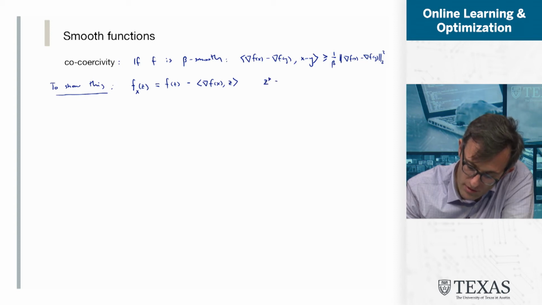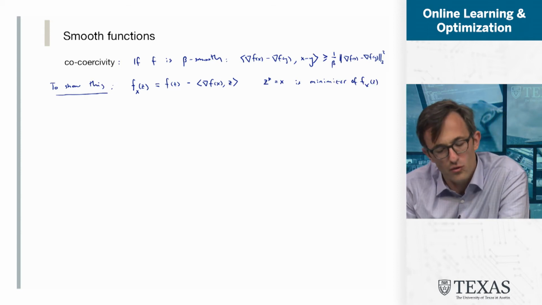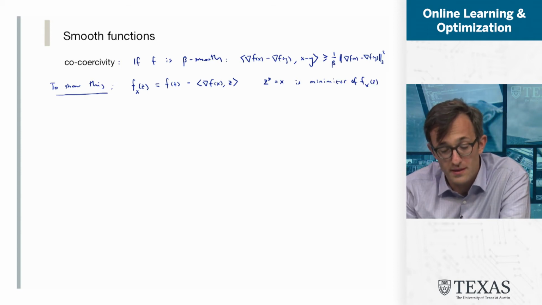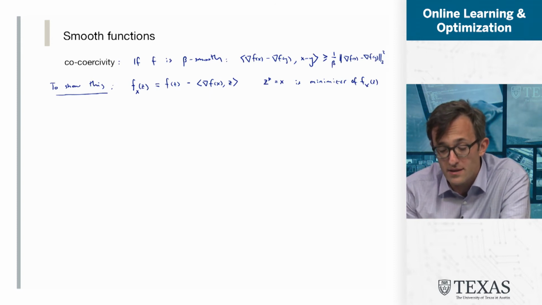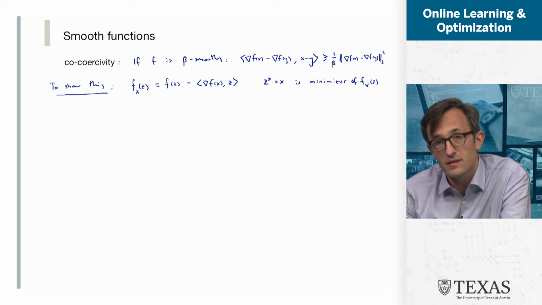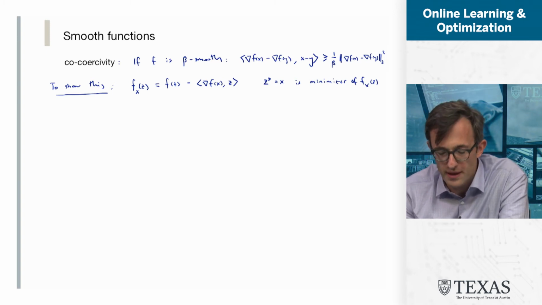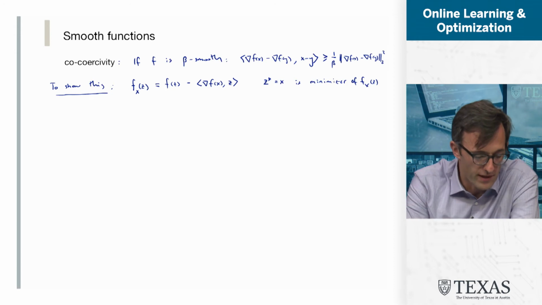Z star equals x is a minimizer of f sub x of z. How can you see that? Just take the gradient of the right-hand side with respect to z, and what do you get? Gradient of f of z minus gradient of f of x. Setting that equal to 0, you'll see that if I set z equal to x, I get 0. So this is a minimizer of f sub x. Again, perhaps there's more than one minimizer, but that's certainly a minimizer.